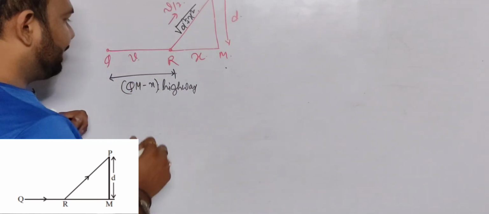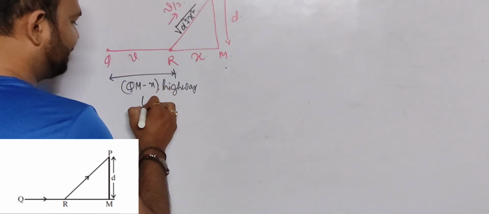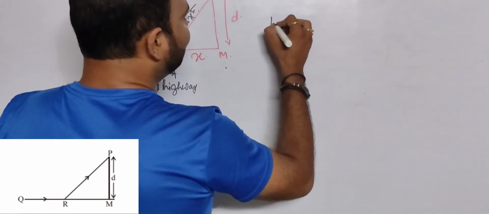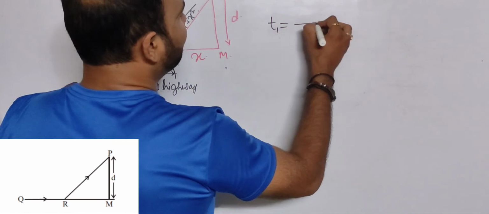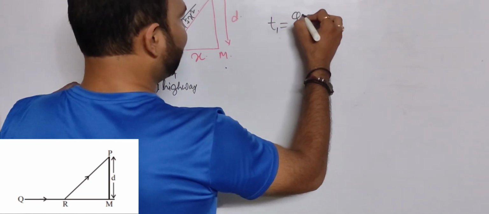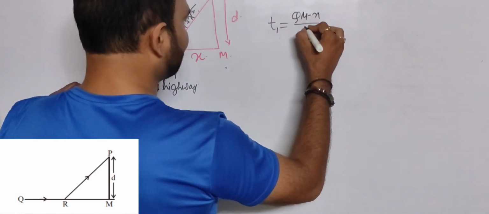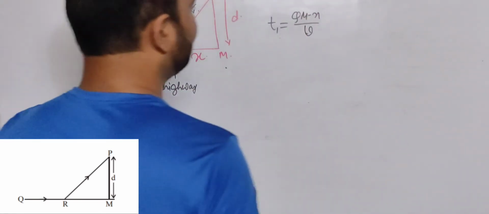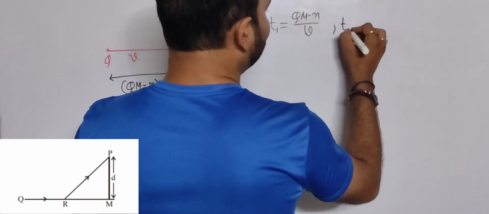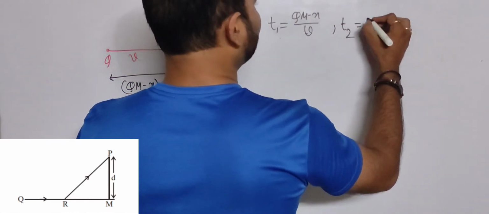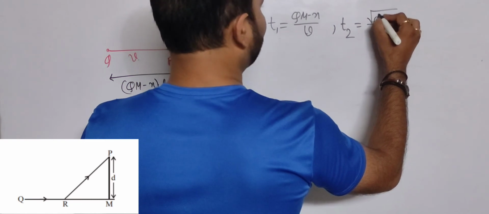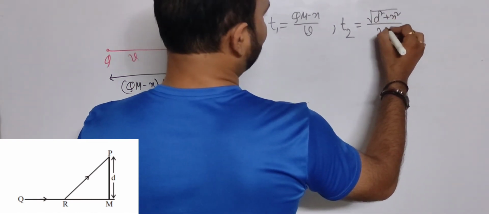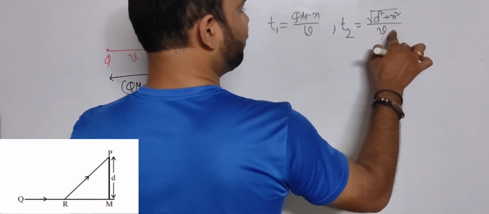Let us consider that he takes t1 time over here and t2 time over here. Time t1 equals QM minus x by v, and in the field, t2 equals root over d square plus x square by v by 2, so this 2 will go up.